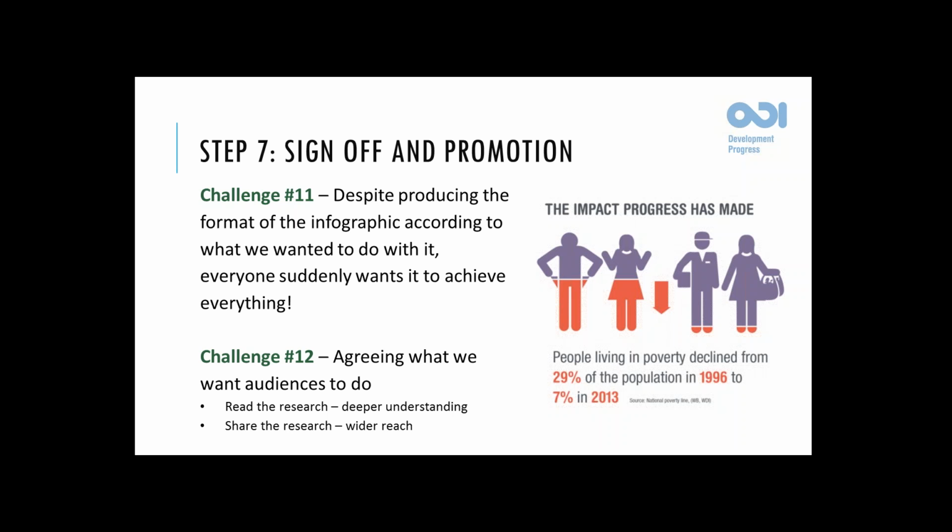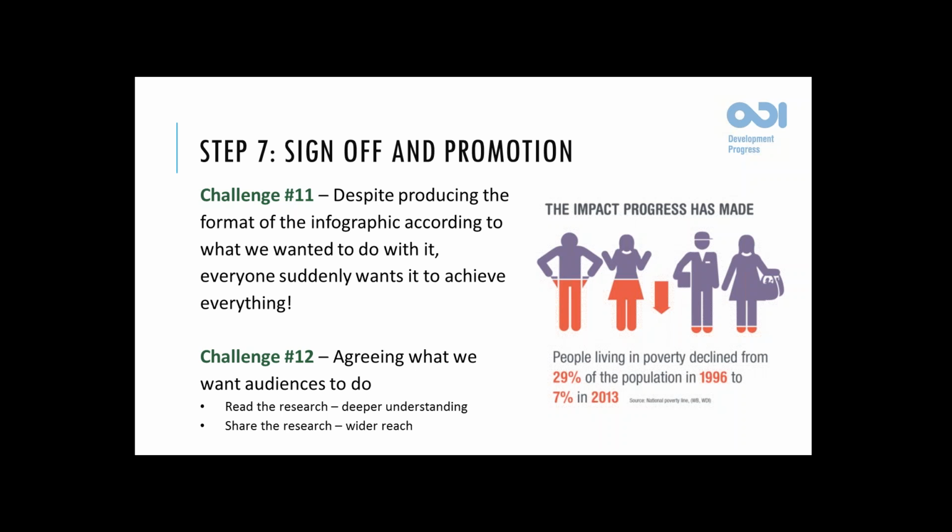One of the challenges here is, even though you've really clearly tried to define your aims at the start, what you want your infographic to achieve, suddenly everybody wants it to achieve everything. And this we find with every single infographic we produce. People want it to be put in the research report, people want to use it in PowerPoint presentations, they want to share elements of it on social media, you name it.